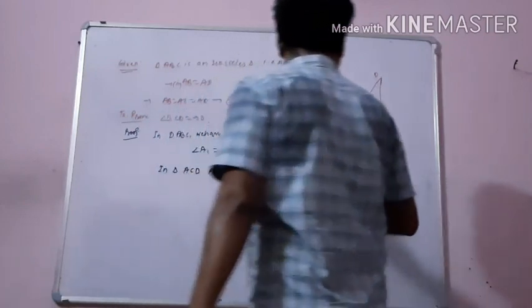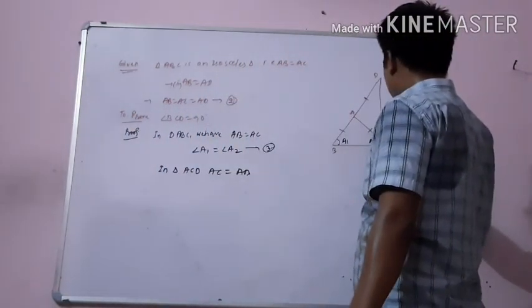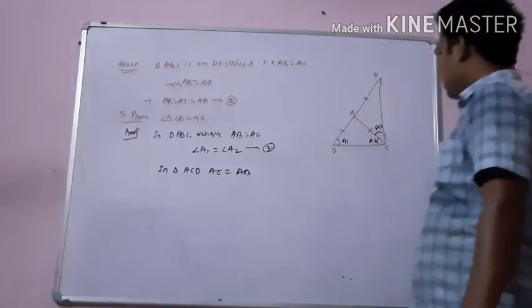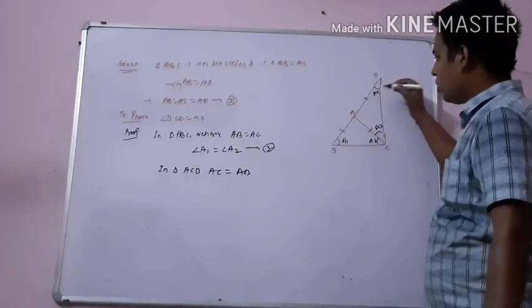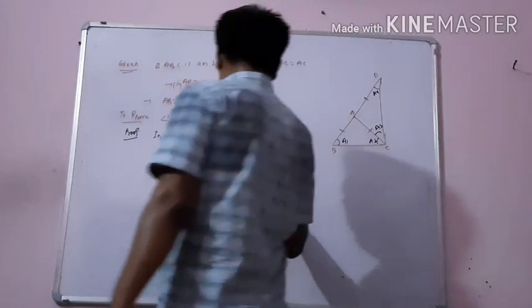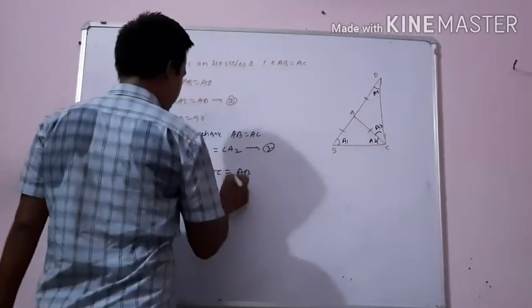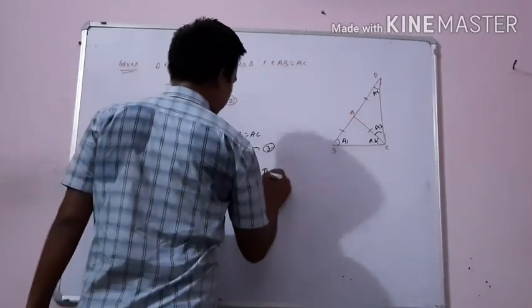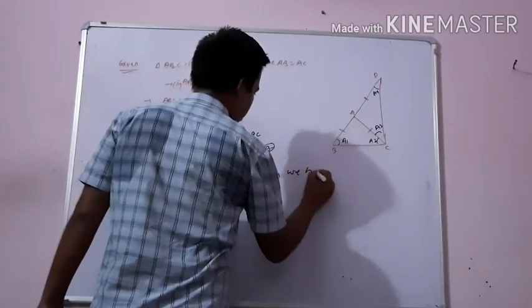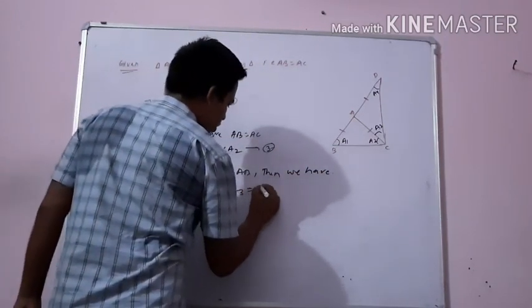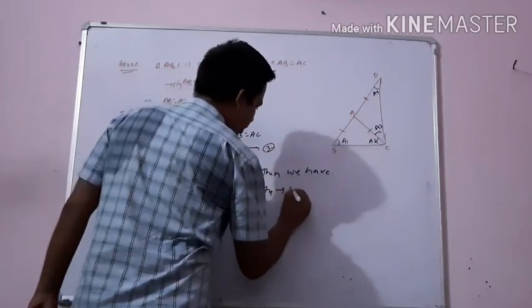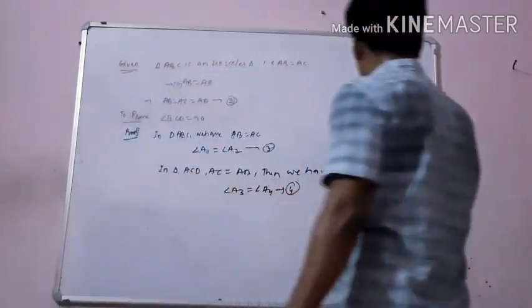Now mention here A3 and A4. So what we will have? In triangle ACD, AC equals AD, then we have angle A3 equals angle A4. That is 4.